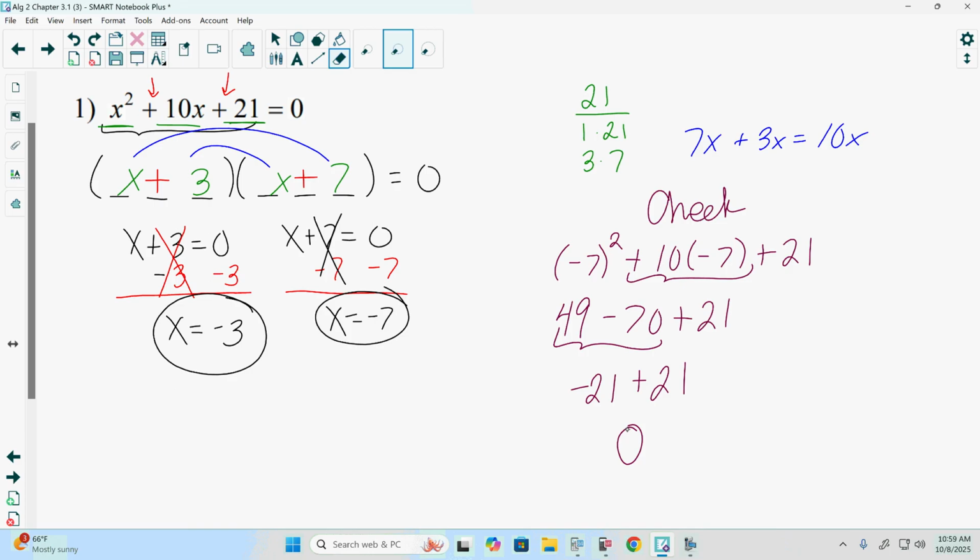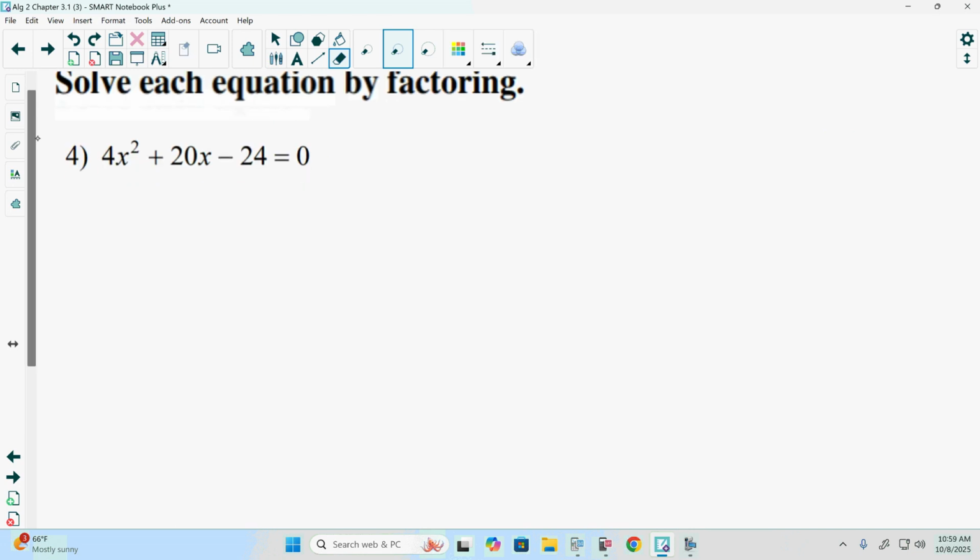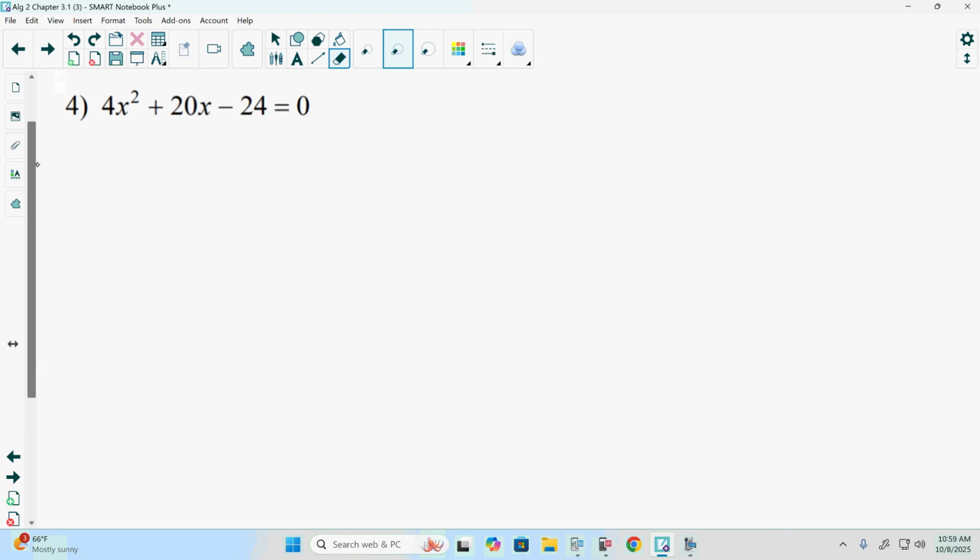So both of these values, negative 7 and negative 3, make this equation equal to 0. That's it. So we can use factoring to solve these quadratic equations. We can find our solutions, the values of x that make the function be 0.